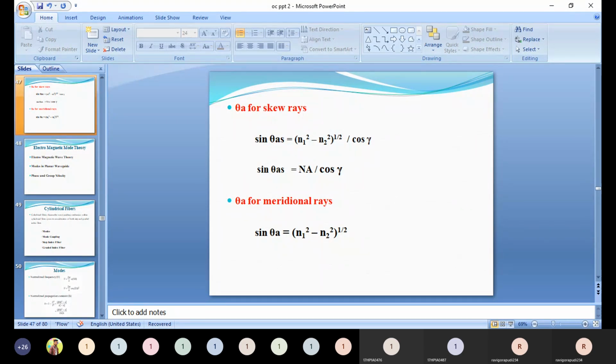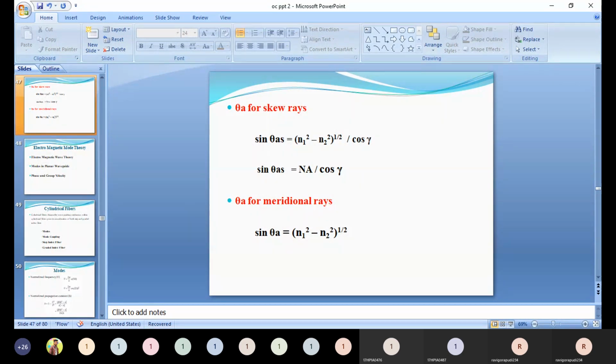Shall I repeat again? Yes, sir. I am repeating once again. A step index fiber has core and cladding refractive indices of 1.45 and 1.43.